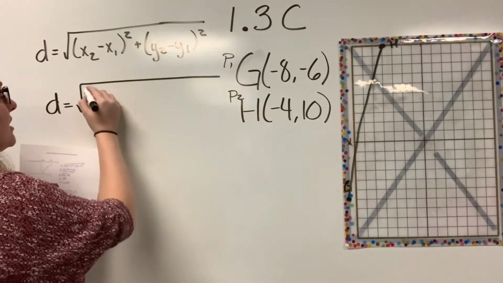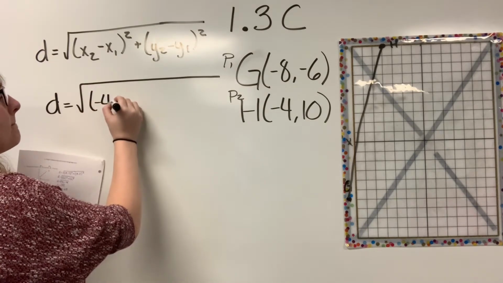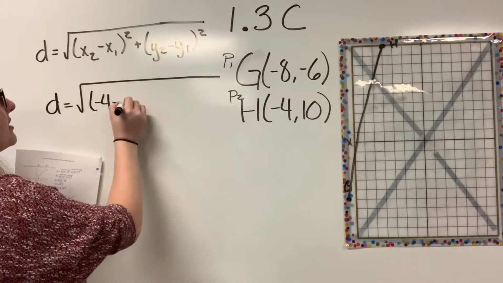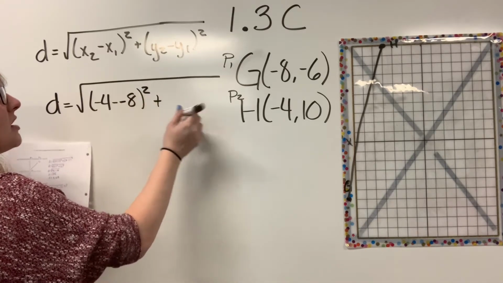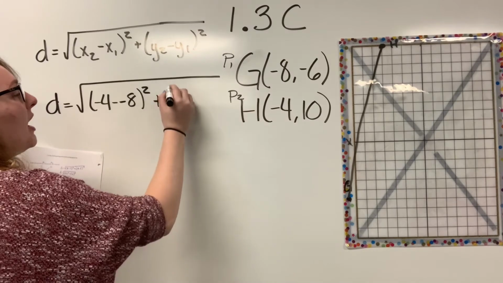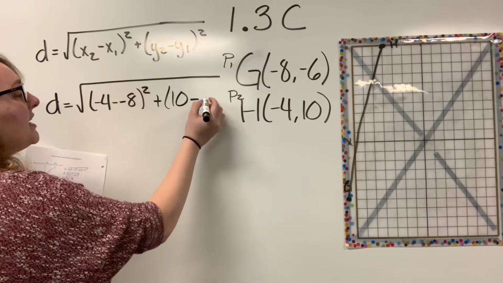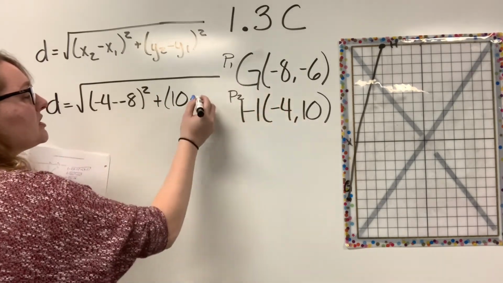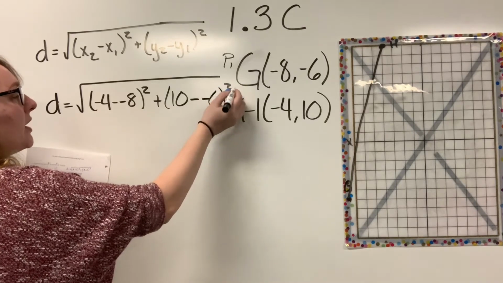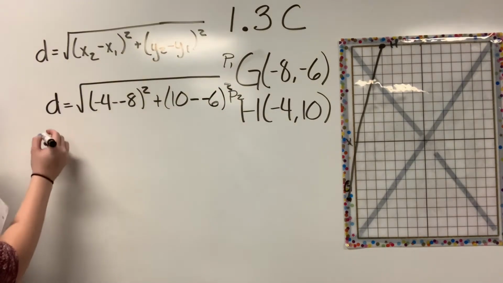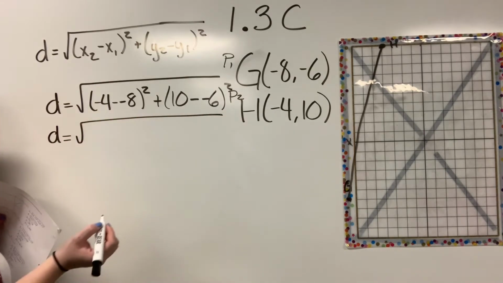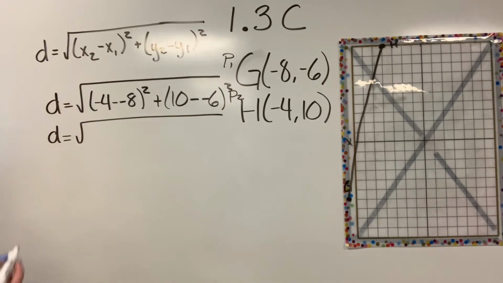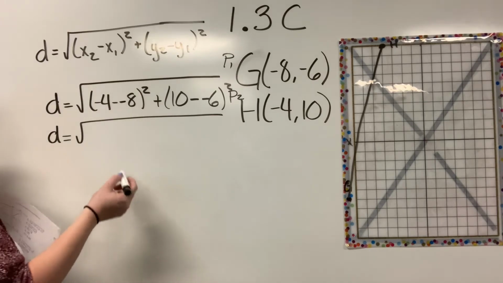So our x2 is equal to -4 minus our x1 is a -8 squared plus our y2 is +10 minus our y1, which is a -6 squared. First things first, we gotta simplify, so let's keep our D is equal to our big old square root. -4 minus a -8.